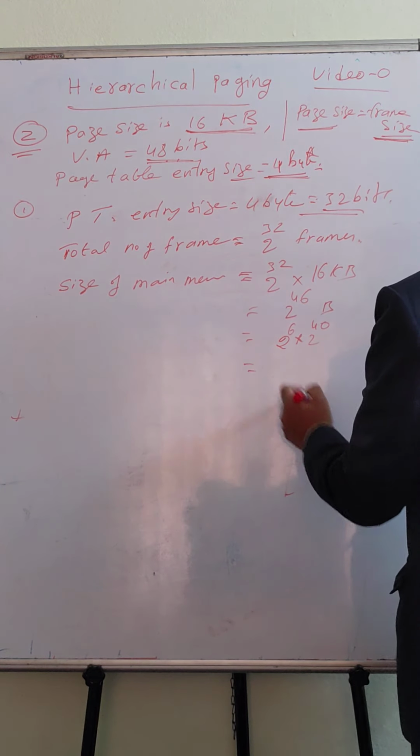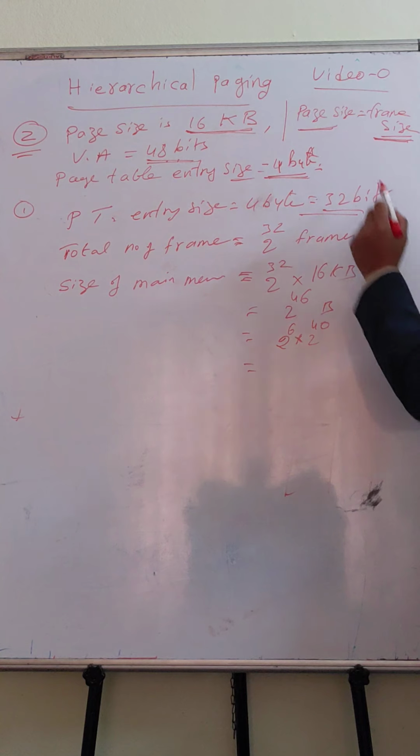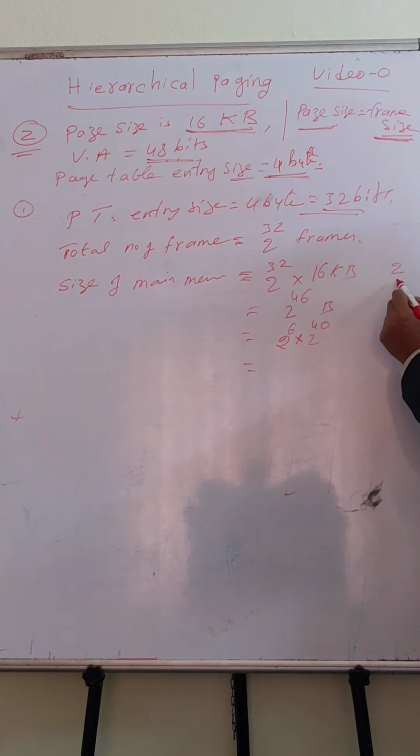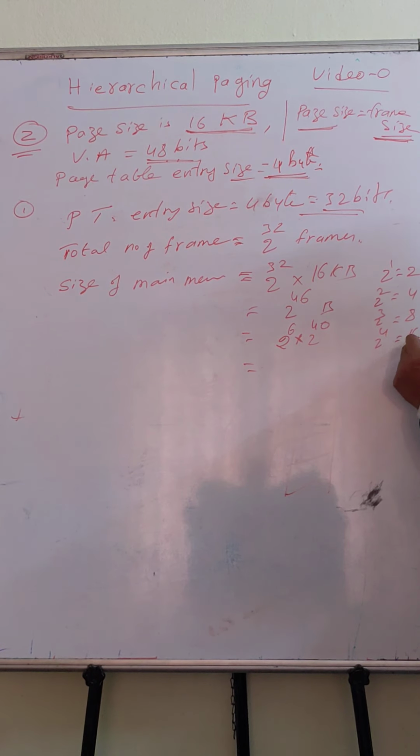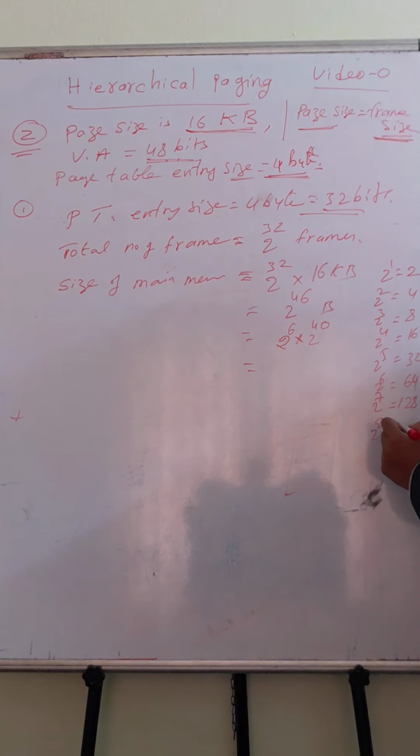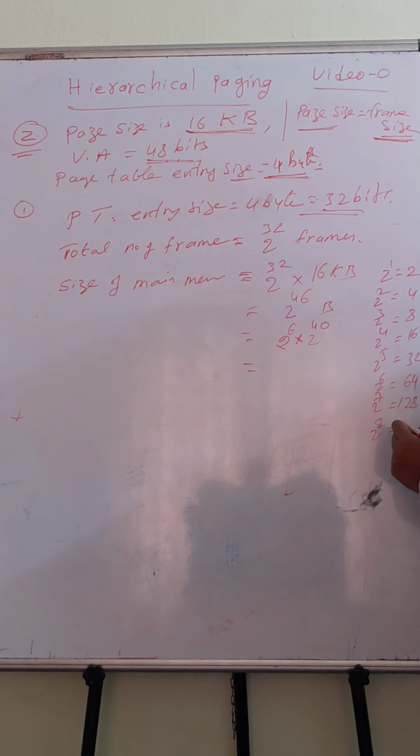For 2 power 6, please kindly note down in a particular place: 2 power 1 is 2, 2 power 2 is 4, 2 power 3 is 8, 2 power 4 is 16, 2 power 5 is 32, 2 power 6 is 64, 2 power 7 is 128, 2 power 8 is 256, 2 power 9 is 512, 2 power 10 is 1024.